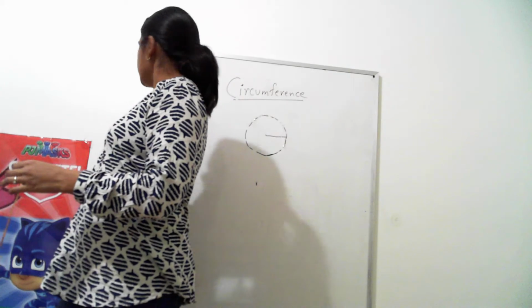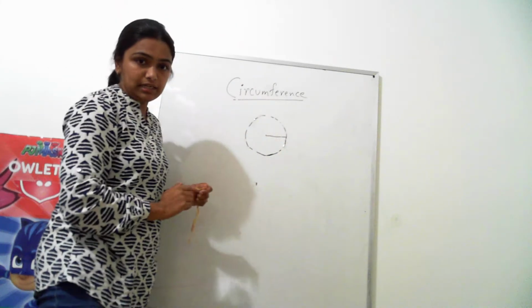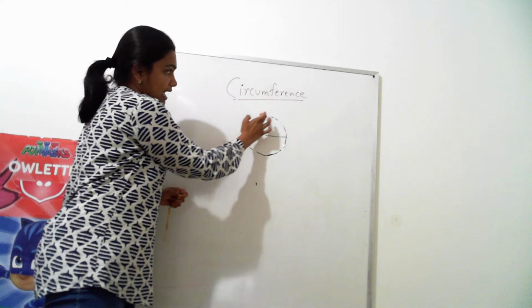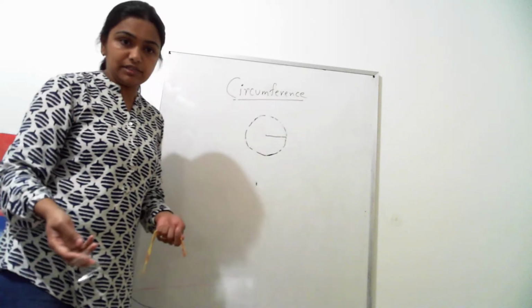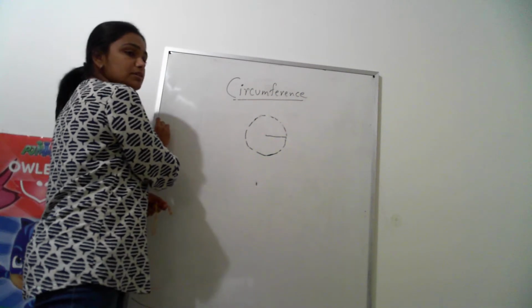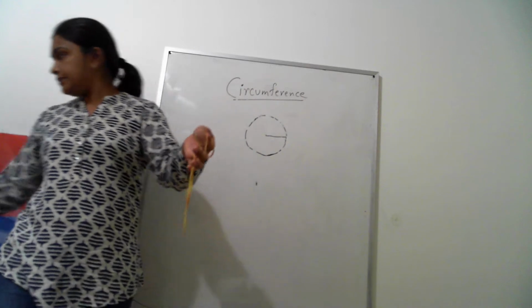In an easy way, if you take one starting point and keep walking around the circle, and when you reach that point again, the distance you have traveled is the circumference of the circle.